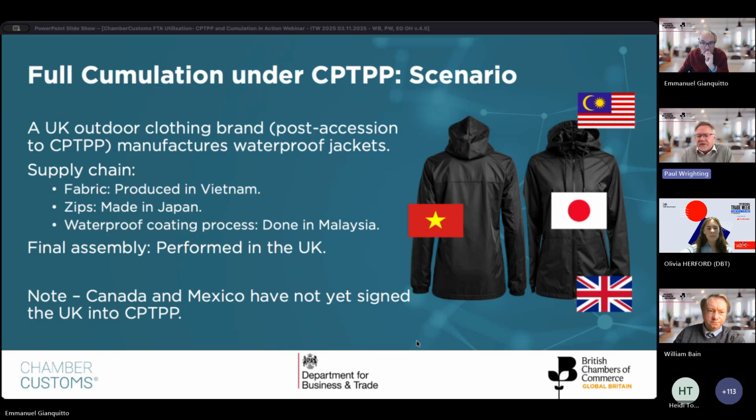You've done enough to process it in the UK to claim UK origin without having to worry about the different origin of the component parts. So change of tariff heading is great. You can use parts from anywhere in the world if you qualify under that. But for a lot of things like clothing, where it's just different processes, the tariff heading doesn't change enough to grant origin. Therefore, you do need to worry about the component origin.